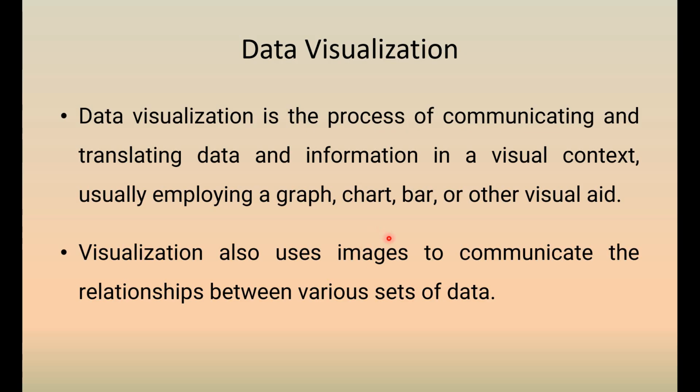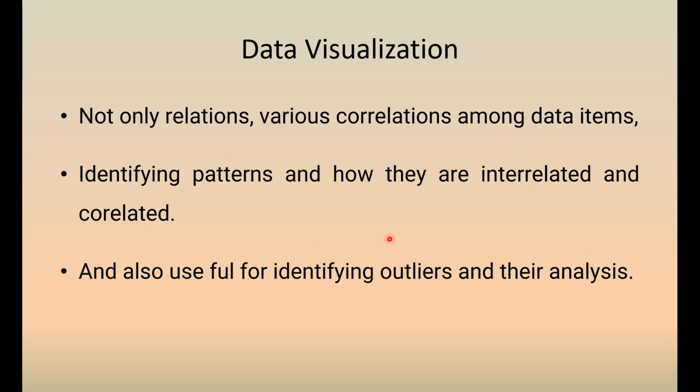Next, what do we see in data visualization? In the previous slide, we discussed that it represents various relations among the data. Not only that, it also represents the correlations among data items, helps identify patterns and how they are interrelated and correlated, and is useful for identifying outliers in the existing set, analyzing the percentage of outliers, and representing them with visual aids like graphs.